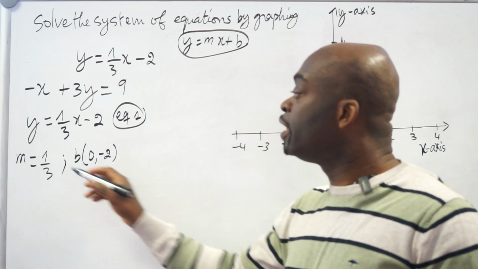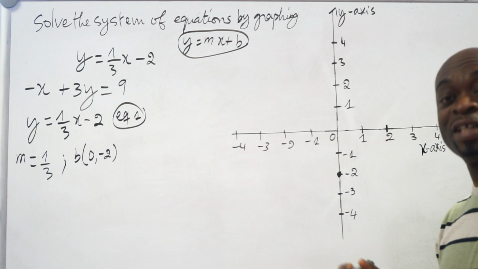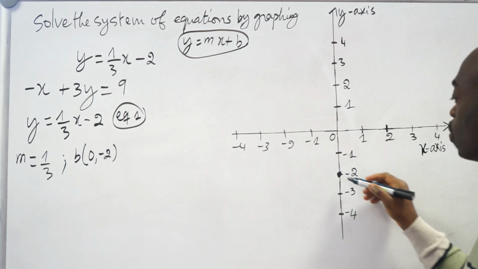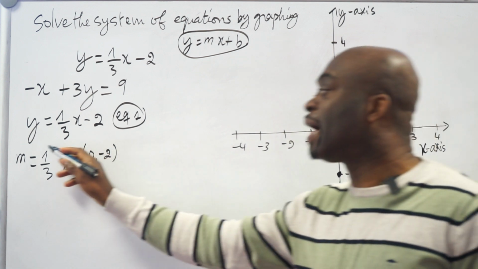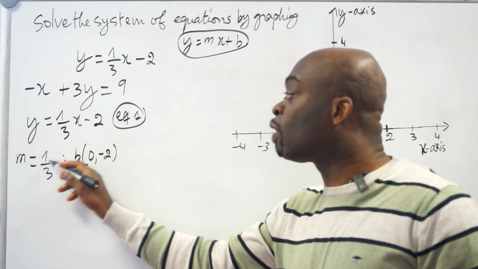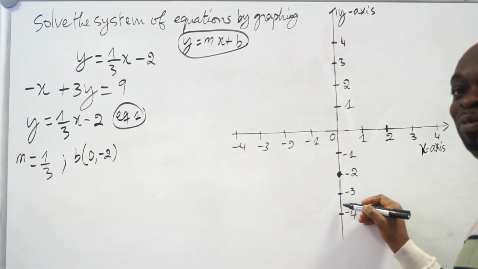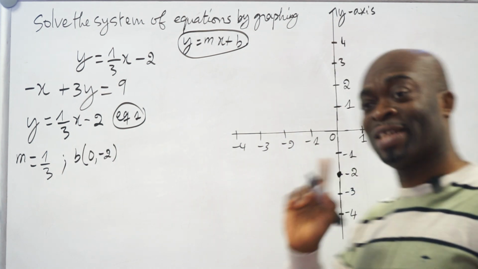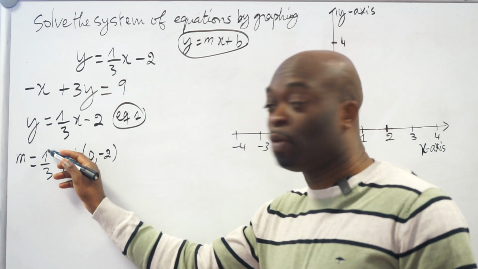So from -2, we're going to go up 1 time because this one is a +1. If this one were -1, we would have gone down 1. You guys get it? That's a mistake that people make, so let's be careful. We're going up 1 time.